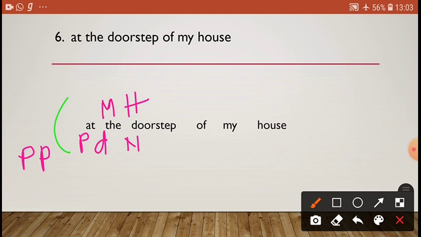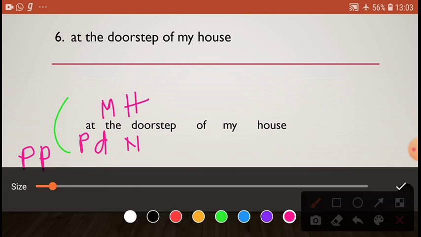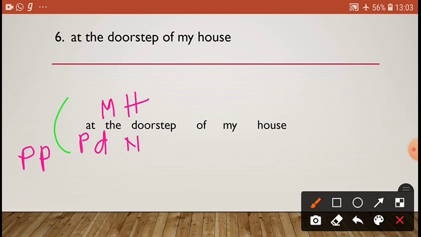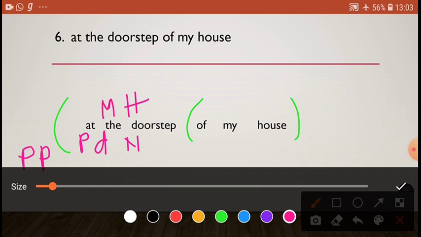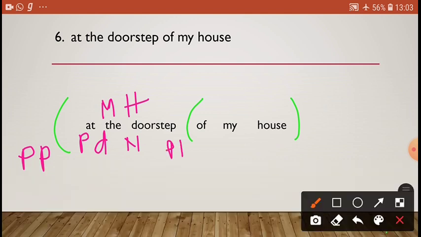Of my house is one more phrase that is part of this prepositional phrase. Here we will write prepositional phrase, which is functioning as modifier. Now of is preposition here. What is my?